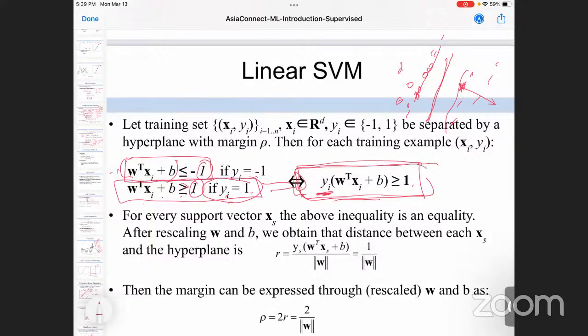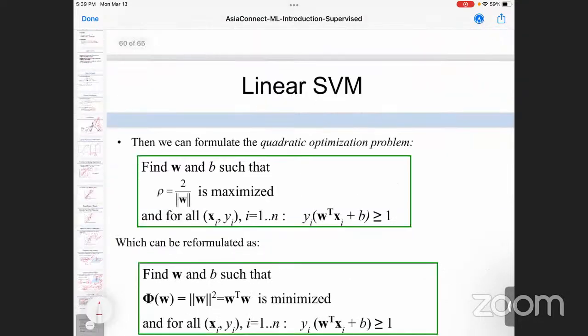So this is our constraint while we want to maximize this.